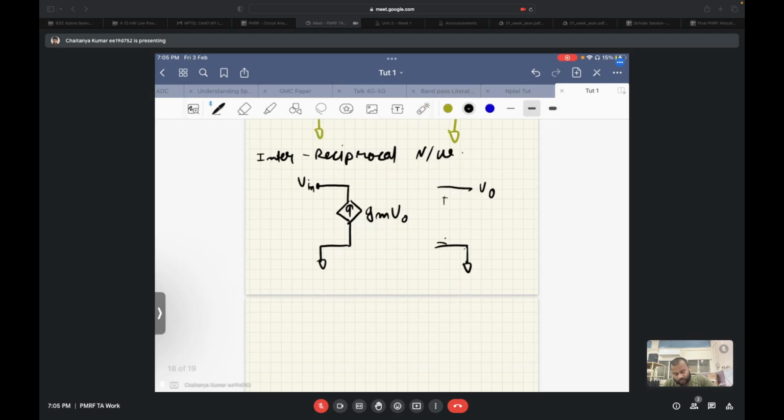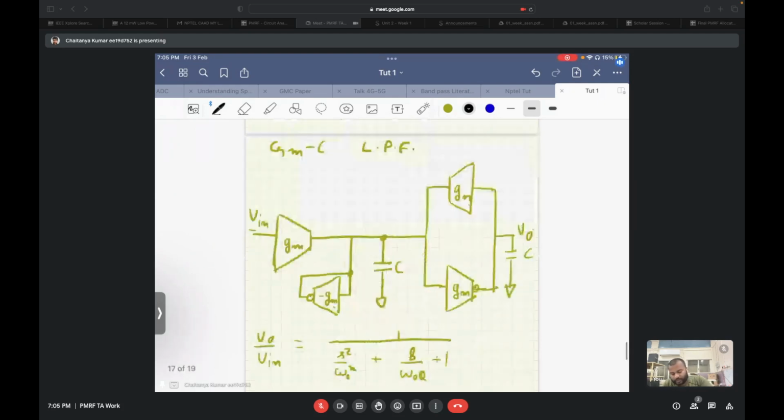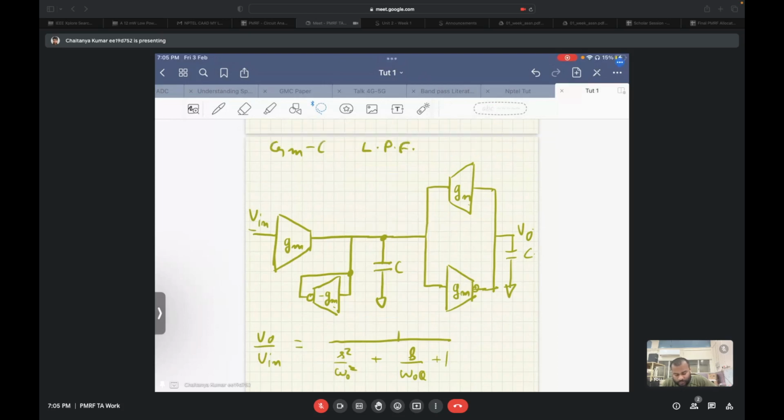And if we look at it that way, this is nothing but an inverted GM. So here was V out, and at V internal, we have GM times V out current flowing out. So having said that, we can write the inter-reciprocal network of this transfer function, this circuit.